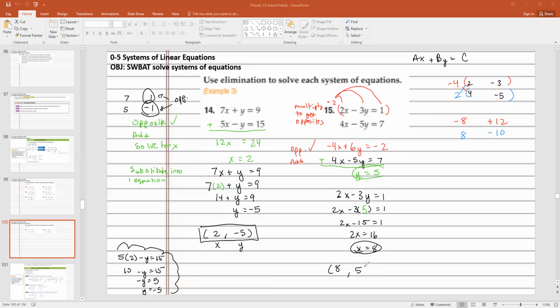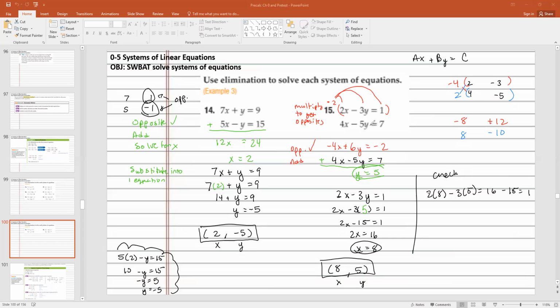X, then y. Ta-da! And you could plug it in to check if you want. You don't have to do this if you don't want to, but if it asks you to, you just plug in the x where you have the x and the y wherever you have a y. So 2 times 8 minus 3 times 5. The 2 times 8 is 16. Minus 3 times 5 is 15.